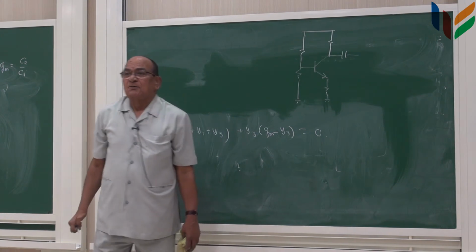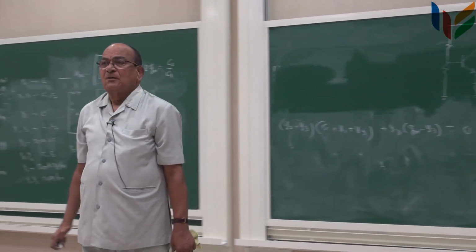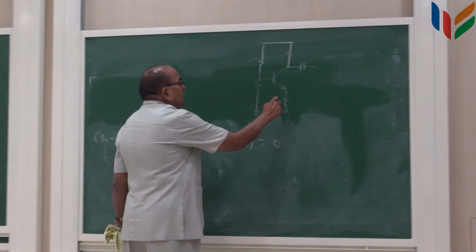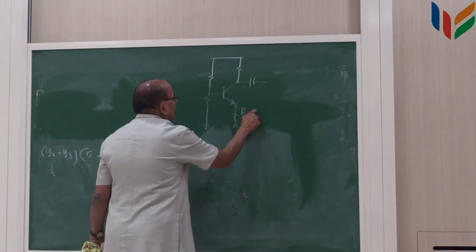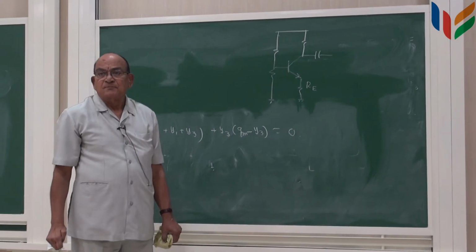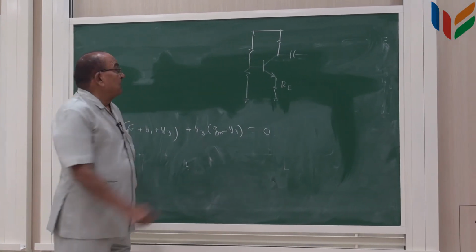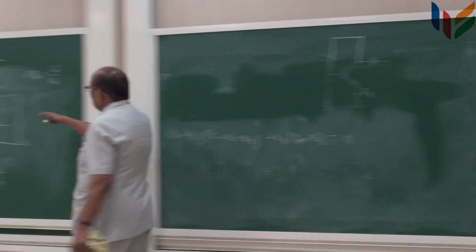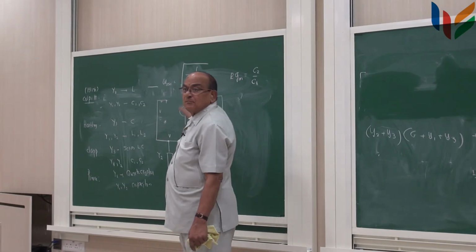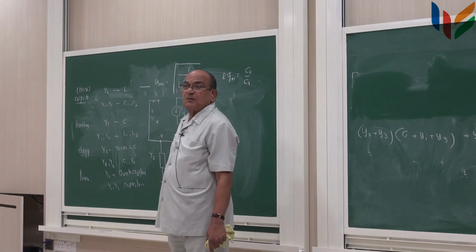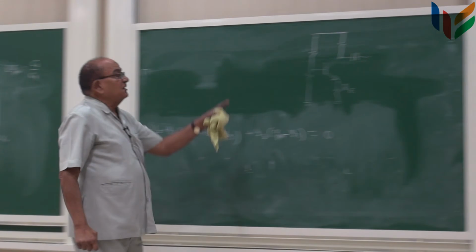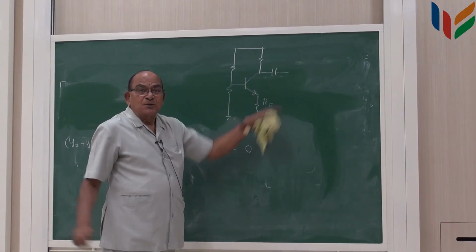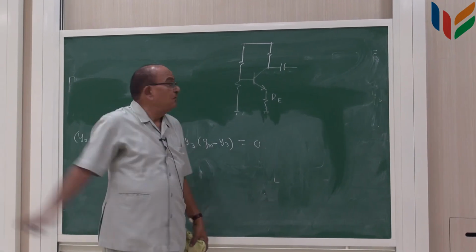A standard single stage amplifier with emitter degeneration, some RE, so that the gain is stabilized. This is a large capacitor, so that the DC is isolated from here to the other network.